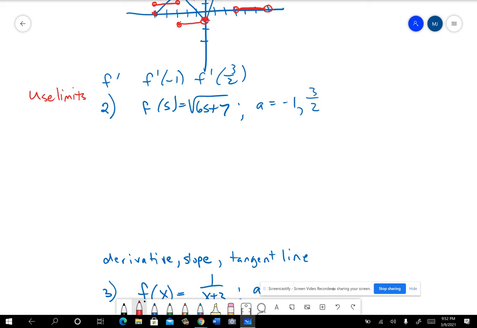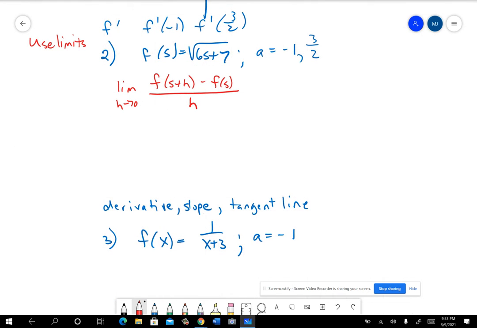So what I'm going to do is I'm going to look at the limit as h approaches 0 of this, the difference quotient, f of s plus h minus f of s all over h, okay? All right, and that's going to be equal to f prime of s. So big part of this is going to be simplifying this part right here, which is the difference quotient.